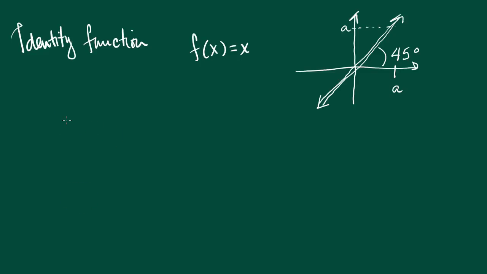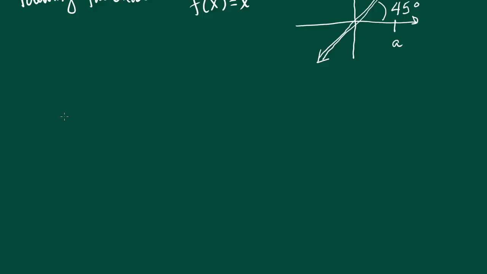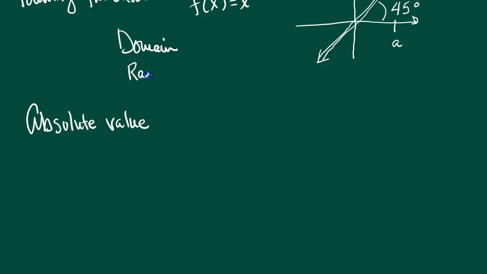Next, we have the absolute value function. Oh, I gotta go back. I forgot to mention above: the domain and the range of the identity function, both of them, all reals.